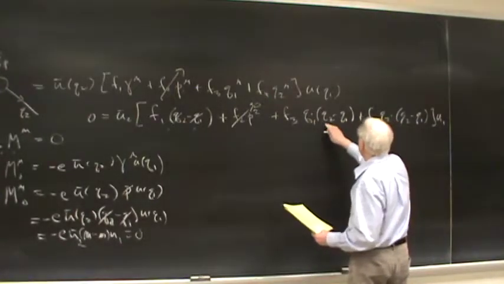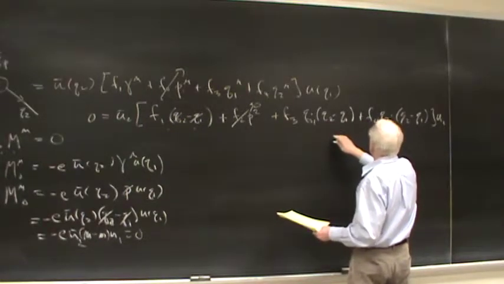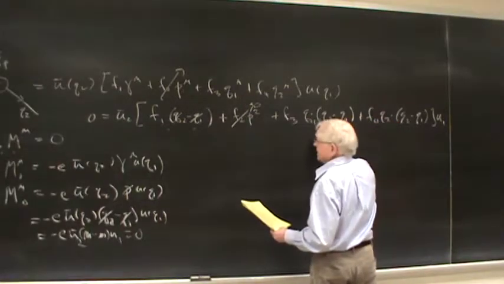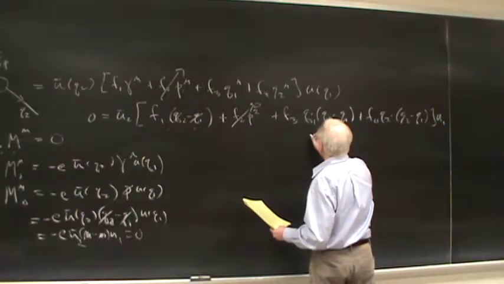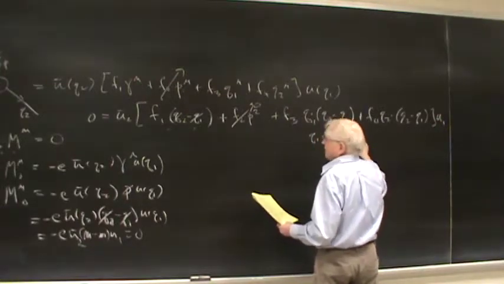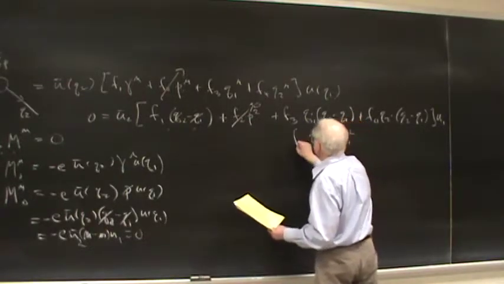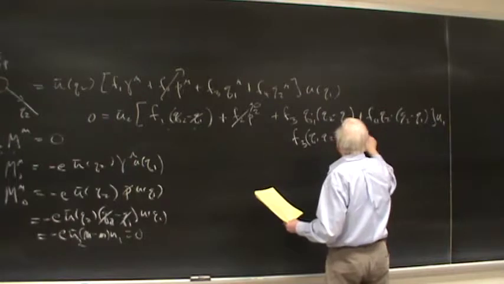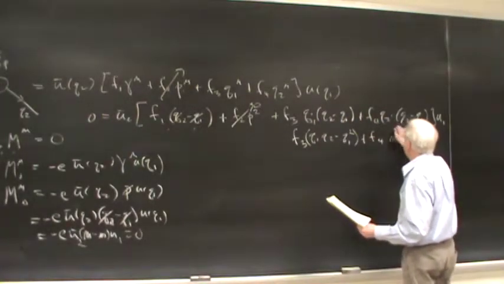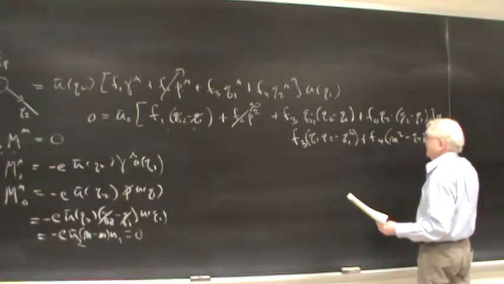And now if you look at these two guys, for these to be 0, you see that this thing is Q1, Q2 minus Q1 squared, but of course Q1 squared is m squared, so that's F3, plus F4, and it's Q2 squared, which is m squared minus Q2, Q1, and then the U1.